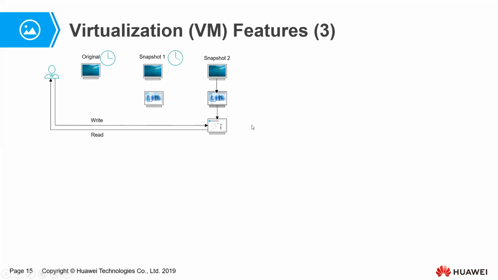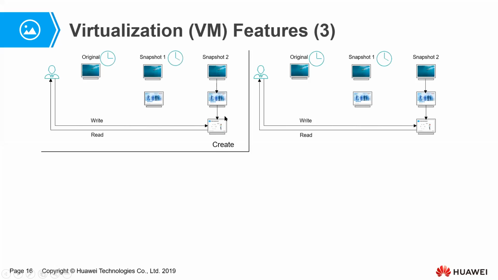So basically those are just snapshots. When we decide to create our virtual machine using snapshots, our virtual machines will be exactly like how the snapshots were taken at that given time. So that is snapshot 1 and that is snapshot 2.